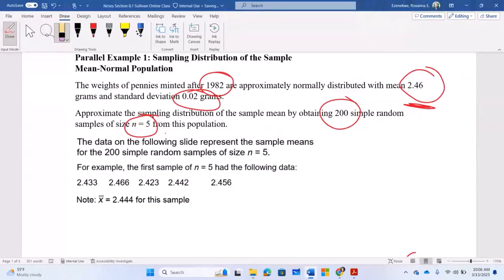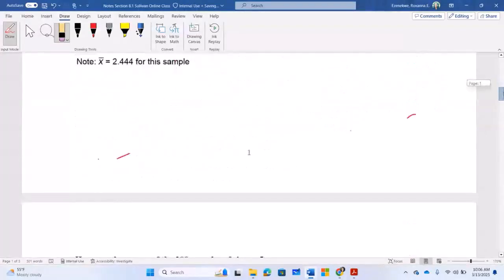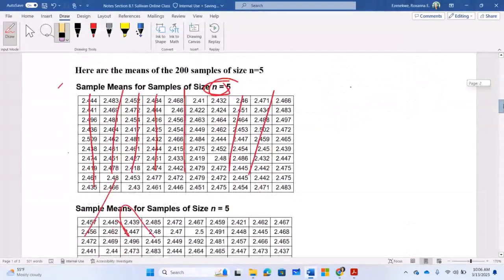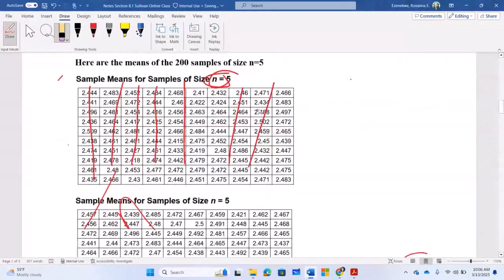Okay, get 200 samples. After we collect those 200 samples of pennies, we find that the means of those 200 samples are here. These are the means.